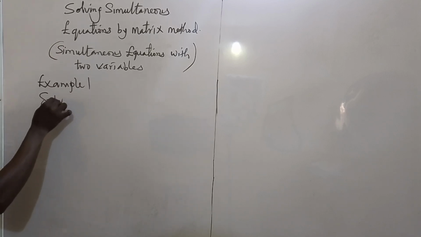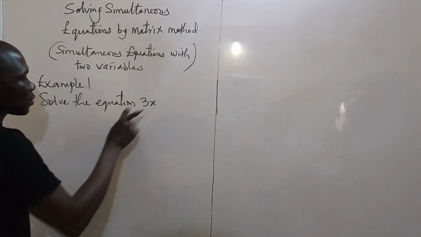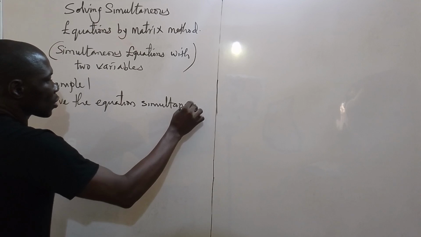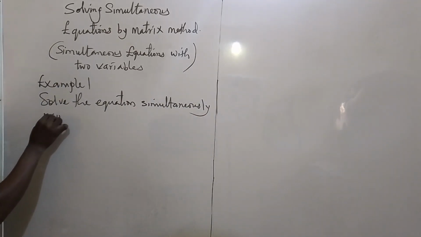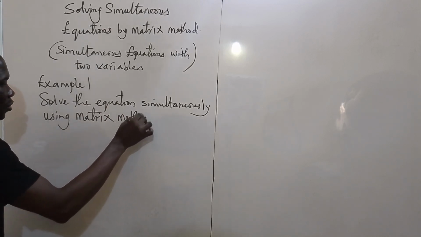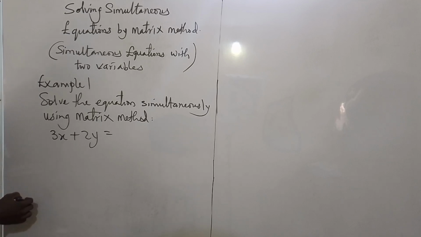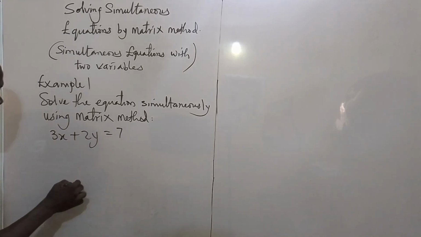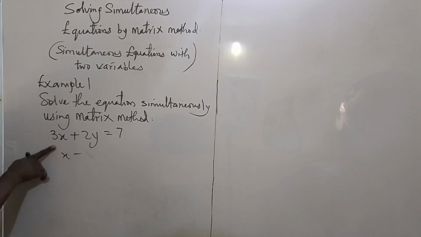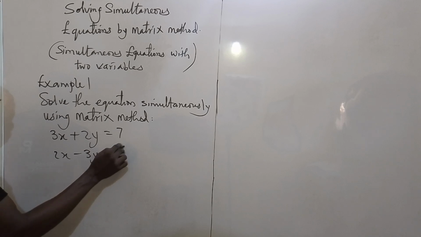We want to solve the equation simultaneously using the matrix method, and the equations we have are 3x plus 2y equals 7, and 2x minus 3y equals minus 4.